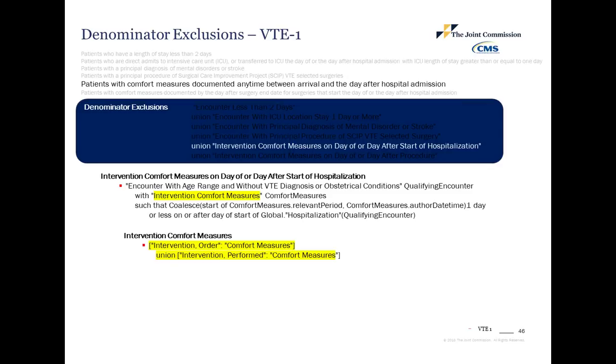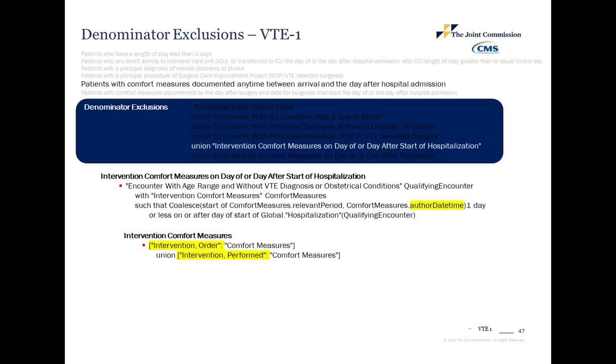In the fifth exclusion, intervention comfort measures on day of or day after start of hospitalization, the definition calls out another definition, intervention comfort measures, and in this definition, it combines 2 data types, intervention order and intervention performed, using the same value set of comfort measures.